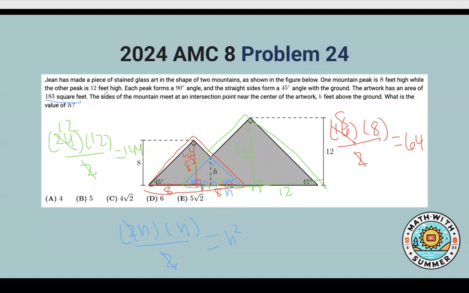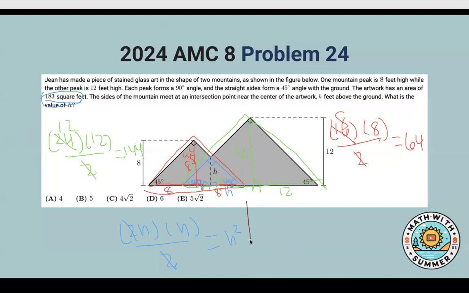Now let's use our final condition, which is that the total area is 183 square feet. Let me write it down here in a new color. Let's do dark red.